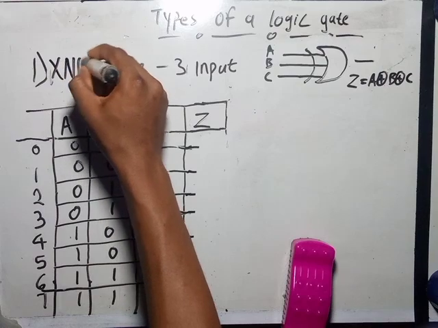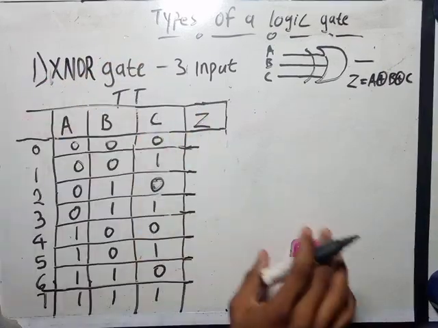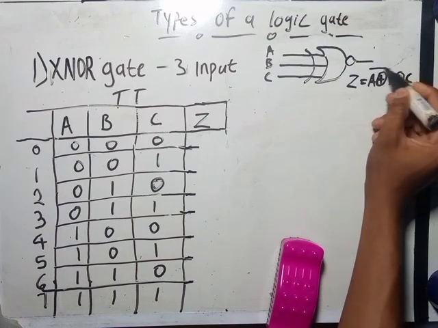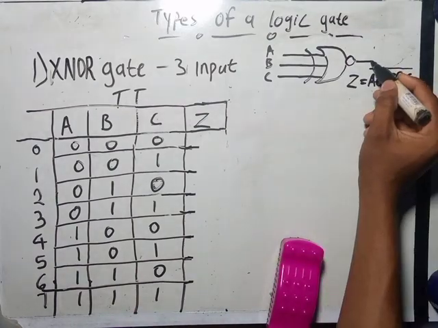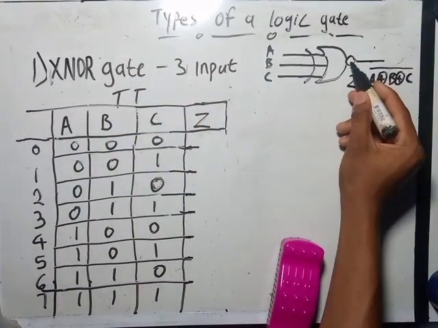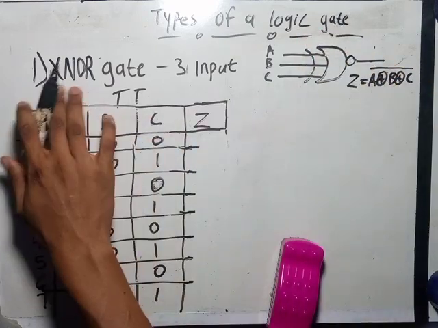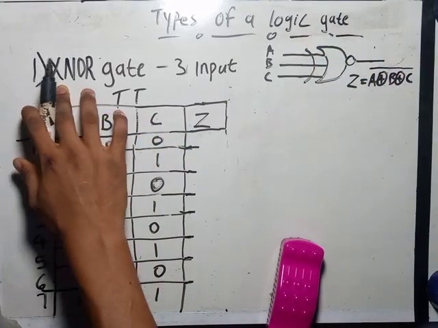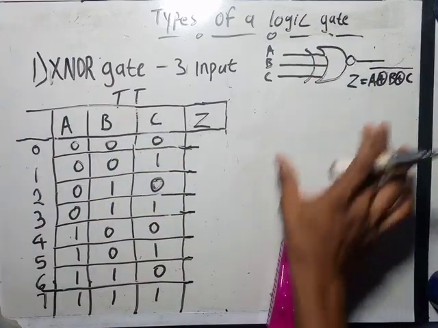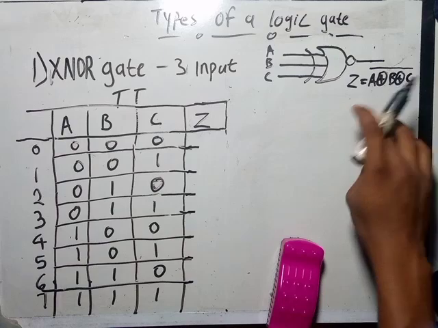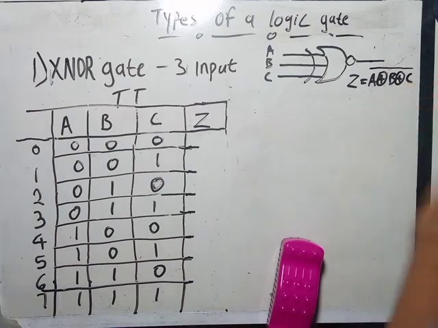XNOR. So like our normal NOR, that's having a bubble in front of it, we added this to this. So the line in front is for your exclusive symbol. So that's what it denotes. So this is the symbol for your XNOR. This is the symbol. So it is what the XOR is not.